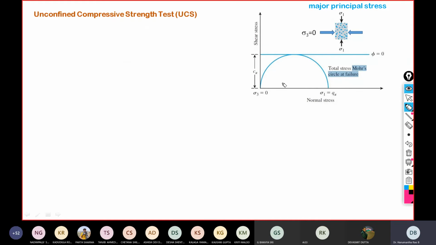Suppose let me draw another circle, and I have drawn another circle. So I can draw a line which is touching the tangents of all the three circles, something like this. So here I will get the C value and the slope is nothing but the phi value.